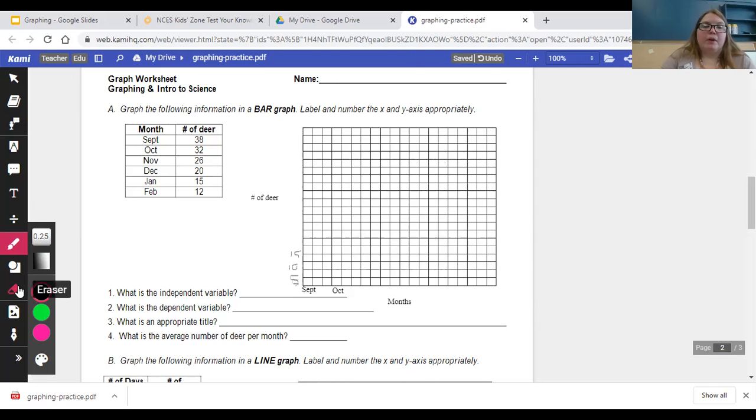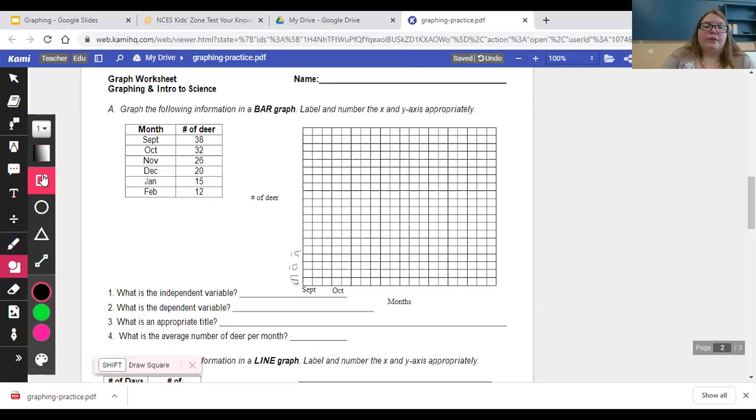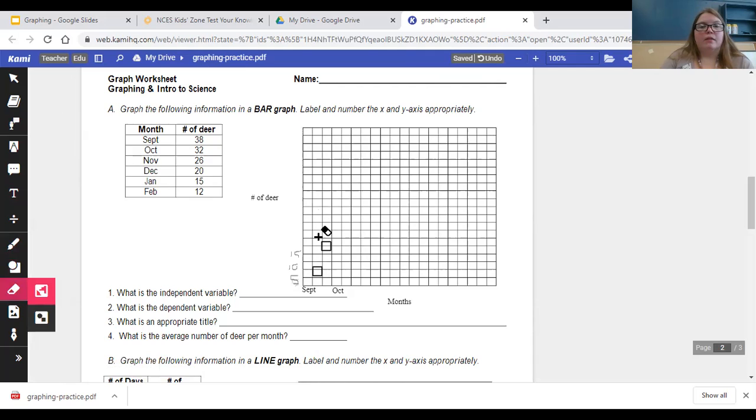So when we go to make a bar, we can use the shape. So insert a rectangle. Well, okay. So let's erase these because those aren't what I want. So I'm just left clicking on the square that I didn't want, and the eraser will get rid of it.